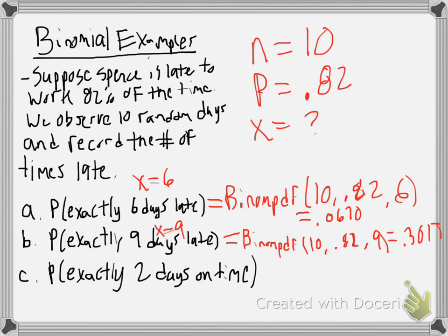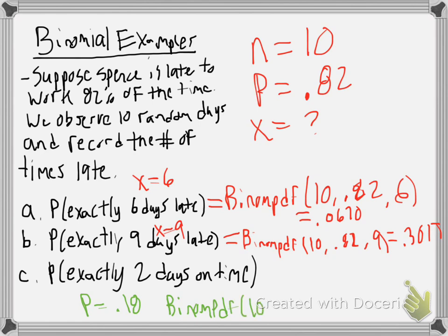Well, there's two ways to do this. The first one would be this. I would call x 2, but I would have to change my p, because now we're asking about the probability of on time. So what I would do is I'd say, well, if he's late 82% of the time, he's on time 18% of the time. And so I would do the binompdf. N is still 10.